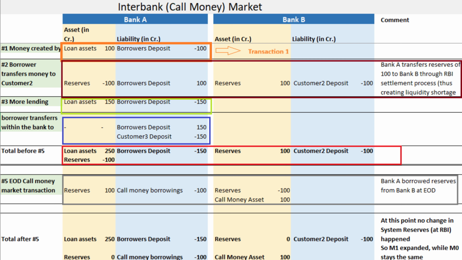Also, even now, there's an asset-liability mismatch as assets are long-term in nature. Typically, they are loans for 15 years, 10 years, etc. Whereas borrowings in the call money market are very short-term in nature, typically overnight to fortnight. So after this call money market transaction, Bank A has no liquidity shortfall and Bank B has no liquidity surplus, temporarily.